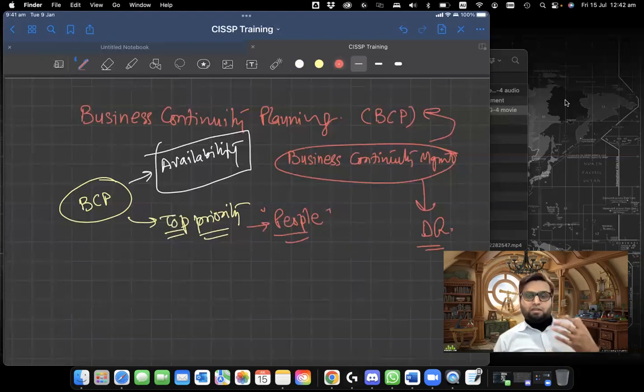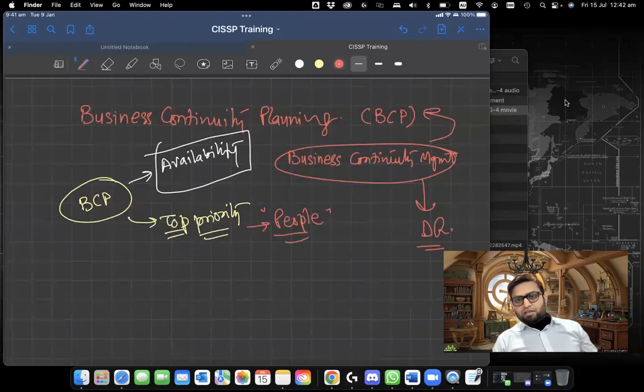And specifically, if someone asks you what is the top priority for business continuity planning, it should not be sustaining the business. Sustaining the business is the end objective, but the top priority is the safety and well-being of the people.